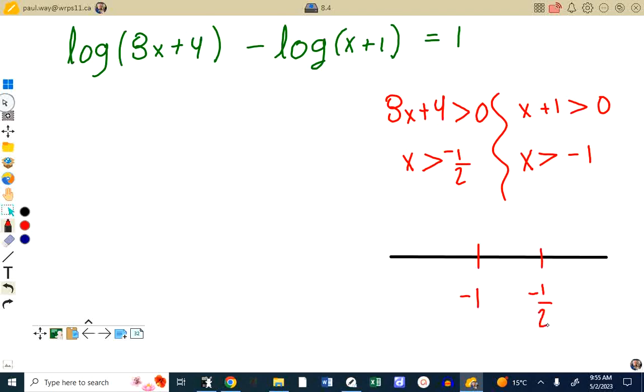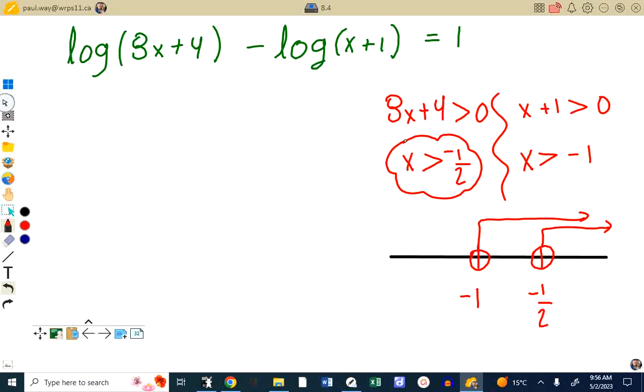On the one hand, we're saying that x has to be greater than -1/2, and on the other hand, we're saying x has to be greater than -1. Well, we can't write x is greater than -1 because that would include numbers that are not greater than -1/2. We're looking here at where these two overlap. So this is going to be the restriction. Just because a number is bigger than -1 doesn't mean it will be bigger than -1/2 as well.